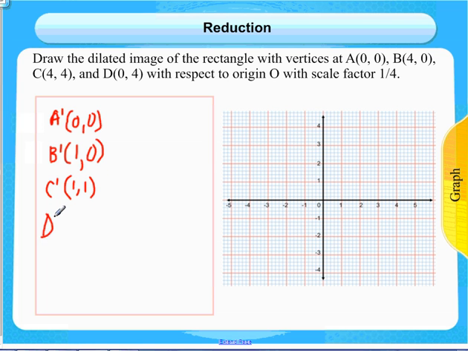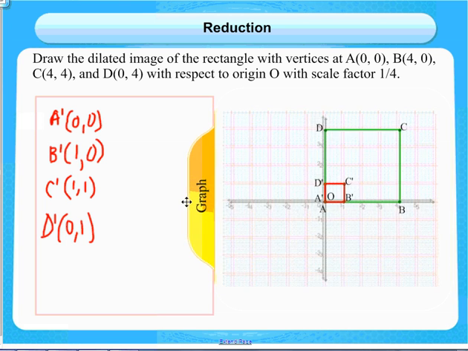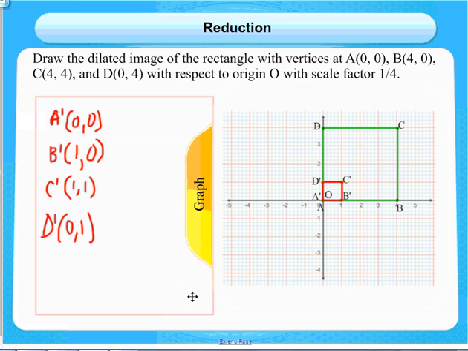Find my image of D, 0 times 1/4. I think you get the hang of it now. Go through, graph these points, and there you have it. Our original figure, which is our big green one, has been reduced to a tiny rectangle that is similar to the original rectangle.